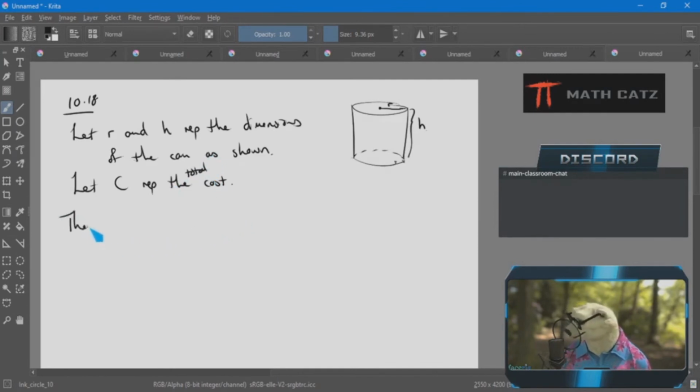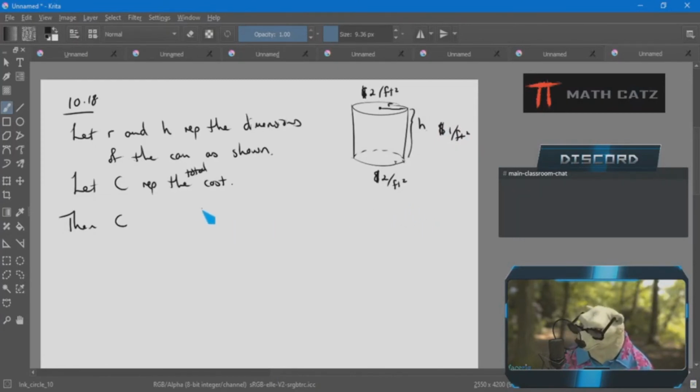So then, the cost is going to be, top and the bottom is $2 per square foot, and all the way around, the side is $1 per square foot. Okay.